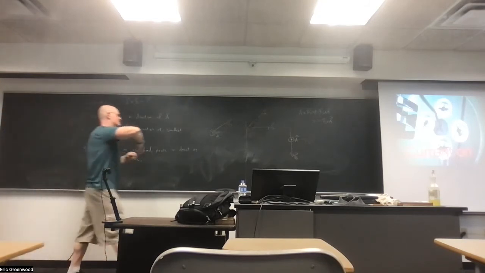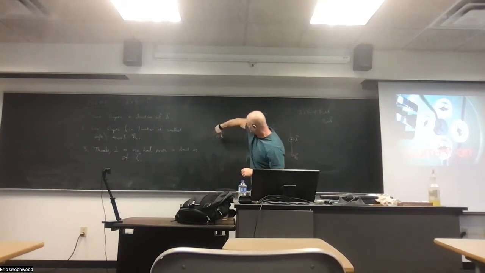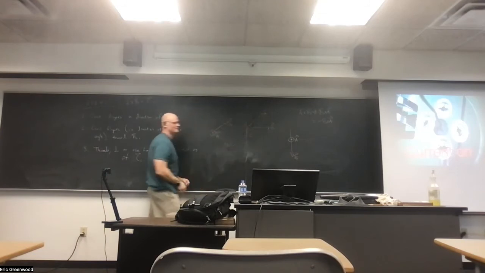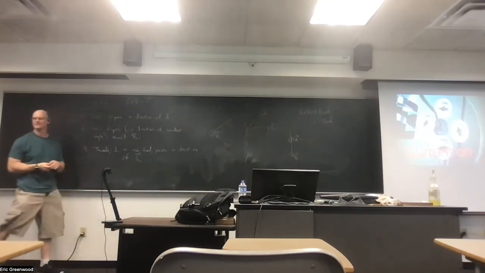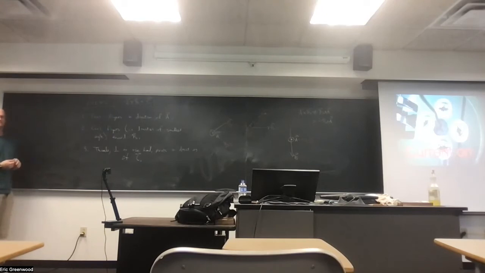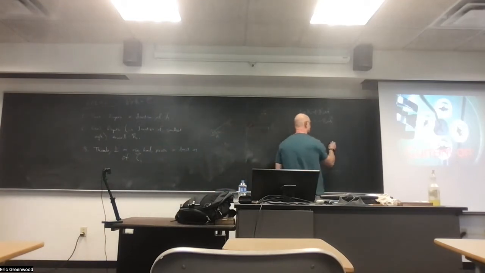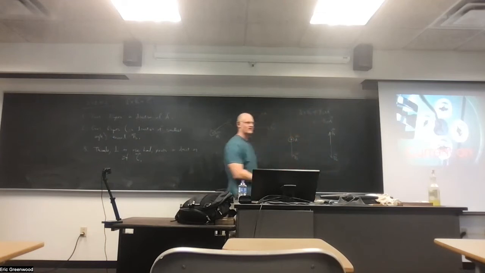So in this case, A is this way, B is this way, so it's actually down this way. So this is C. All right. Let's do one more. Let's say A is this way, B is this way. What's the direction of C?